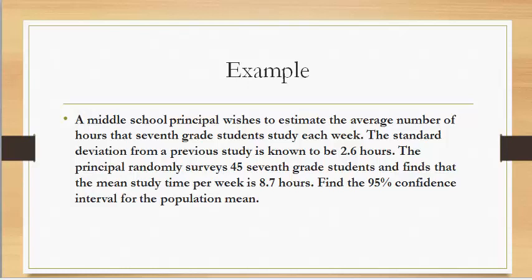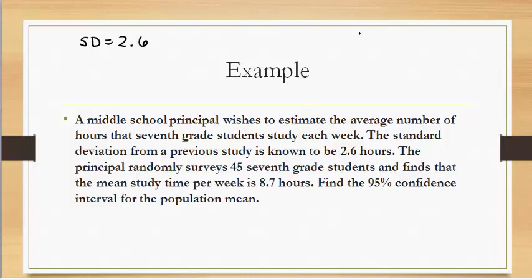The example says a middle school principal wishes to estimate the average number of hours that 7th grade students study each week. The standard deviation from a previous study is known to be 2.6. So I'm going to go ahead and just jot this down as we read, that the standard deviation is 2.6. The principal randomly surveys 45 7th grade students. So there's our sample.